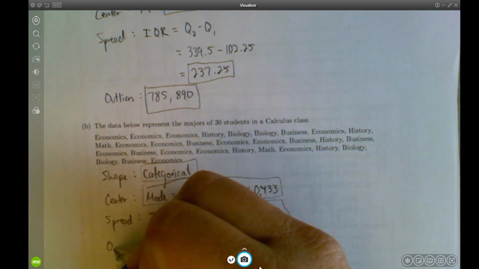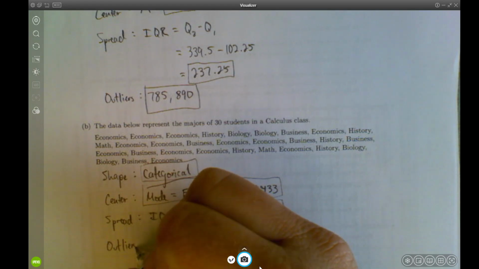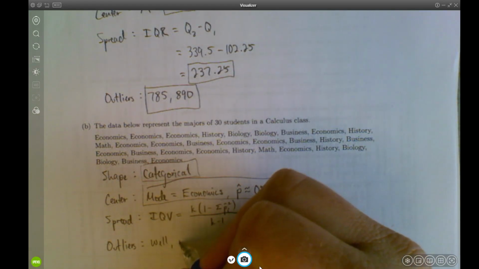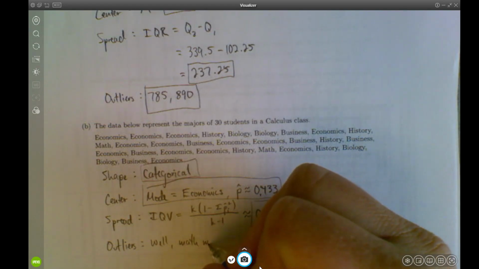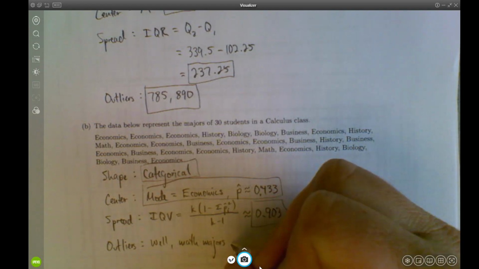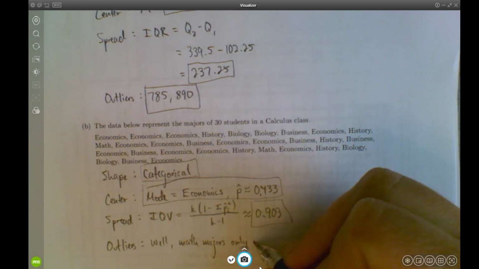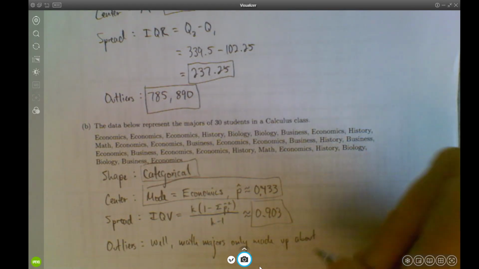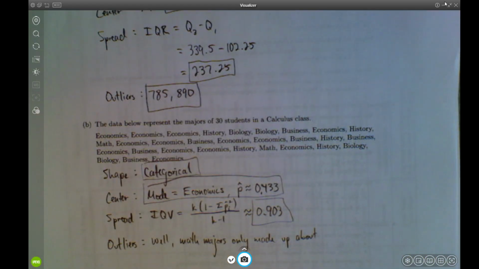So outliers, we would say, well, math majors only made up about, what percentage was it?